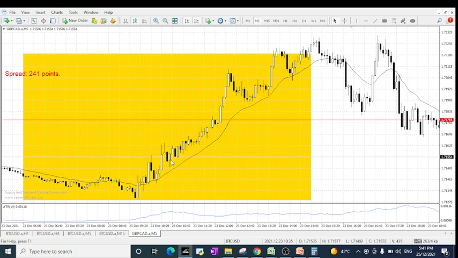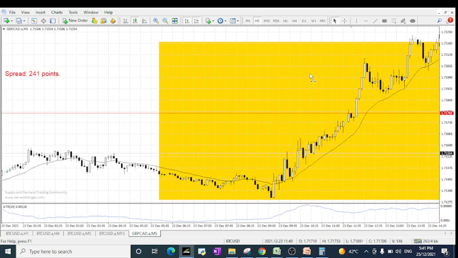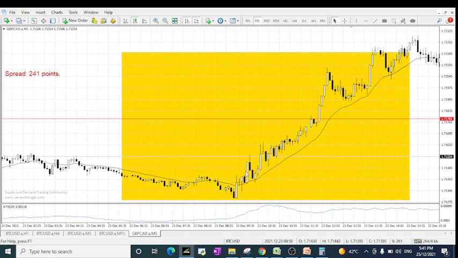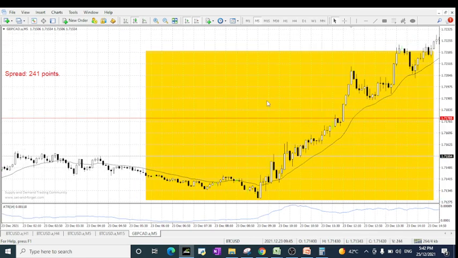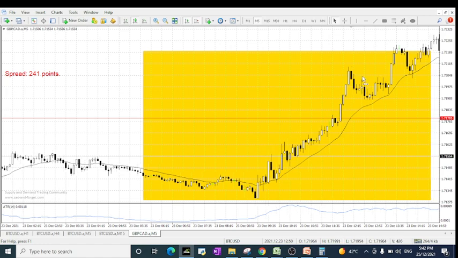Pushed up, a pullback, pushed up, a small pullback, pushed up, pullback, and so on and so forth. So on a 5 minute chart, that price action from the 1 hour chart is more like a proper trend. And if I didn't tell you this is a 5 minute chart, it could have been a long, maybe an intermediate trend on a particular instrument. We don't know.